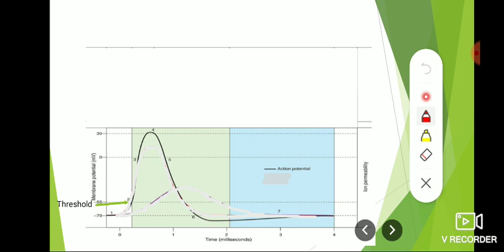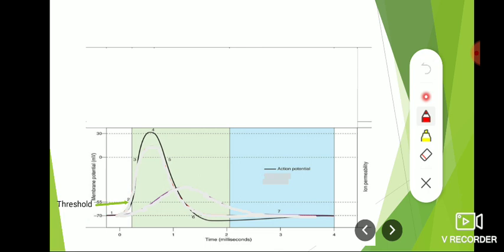If you give a weak stimulus, say only 2 millivolt, what will happen? It may go up to minus 68. It will not lead to firing.